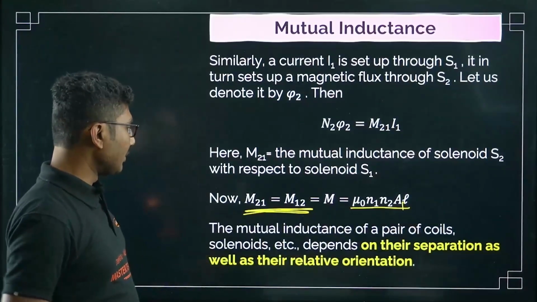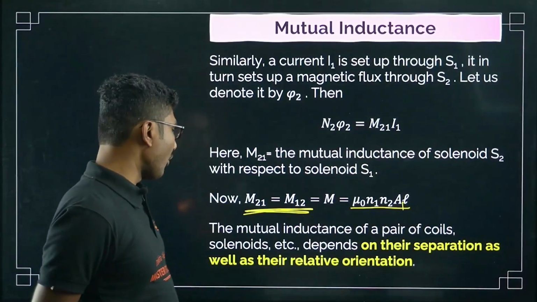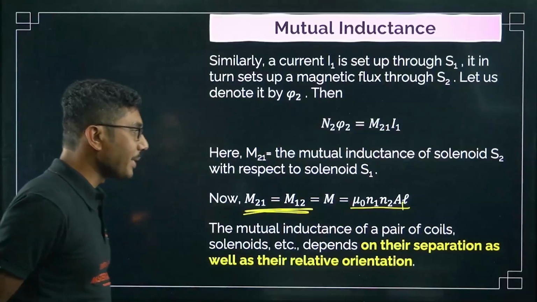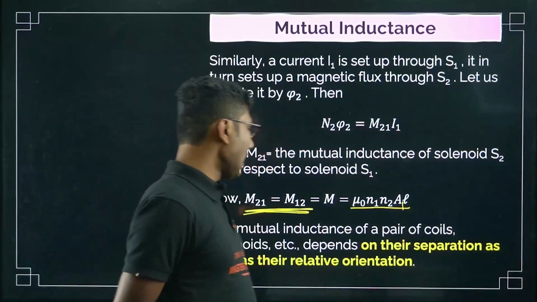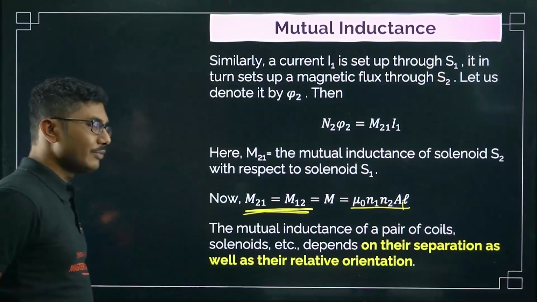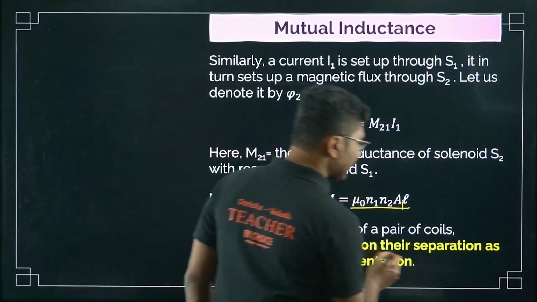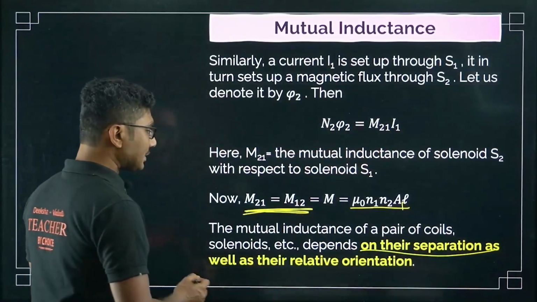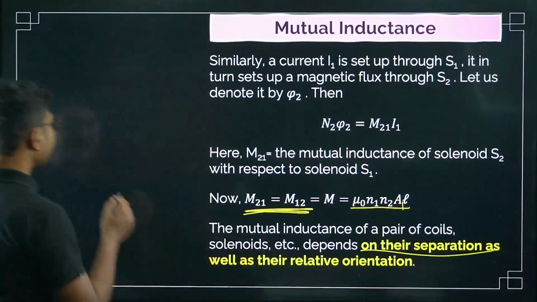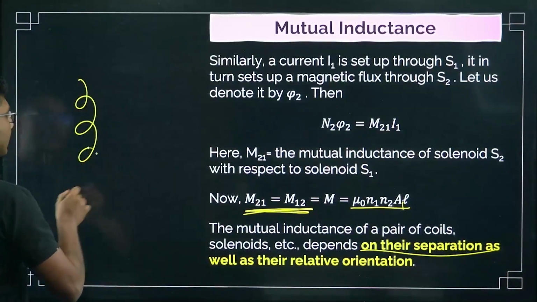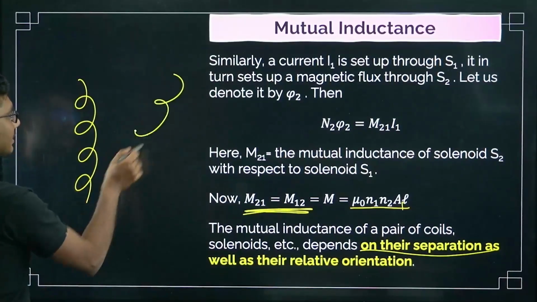Okay, now the mutual inductance of a pair of coils or solenoids etc. depends on their separation as well as their relative orientation. How they are dependent is not given, but you have to remember that it depends on the separation as well as their relative orientation. Suppose I have one coil like this, another coil is like this.